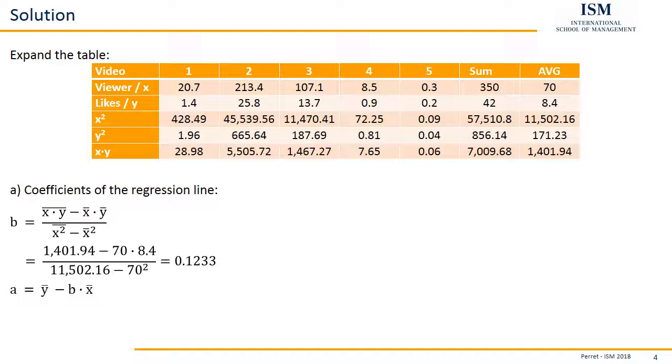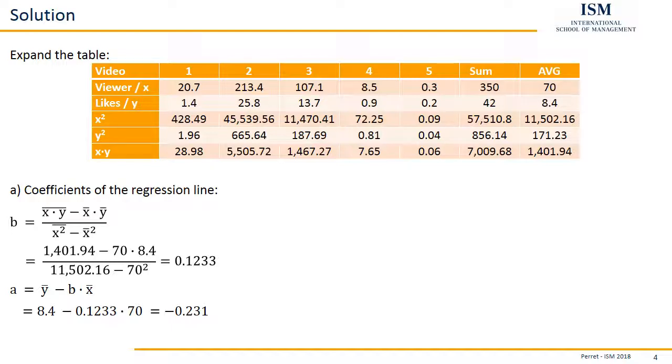It looks a little bit different when we're going to interpret the intercept. First we need to calculate this. So the intercept is calculated as the average of y minus the slope we just calculated times the average of x. So we have 8.4 minus 0.1233 times 70, resulting in minus 0.231.